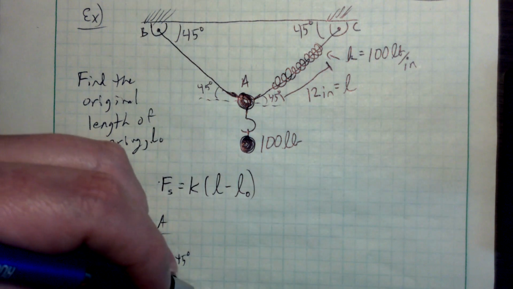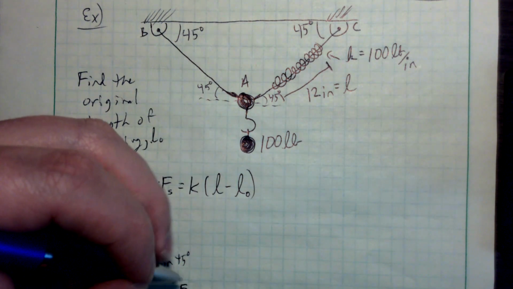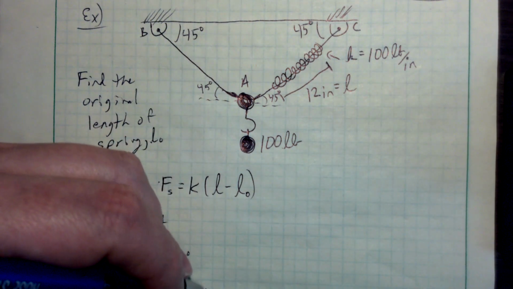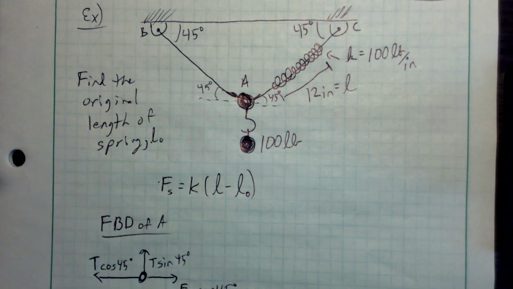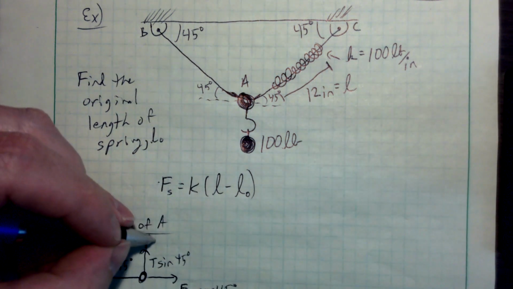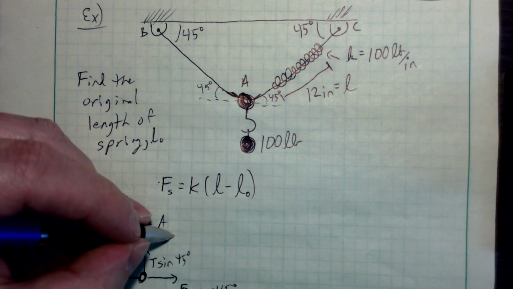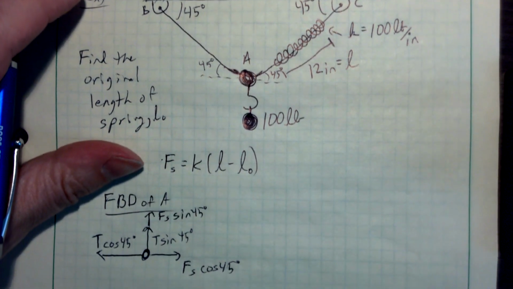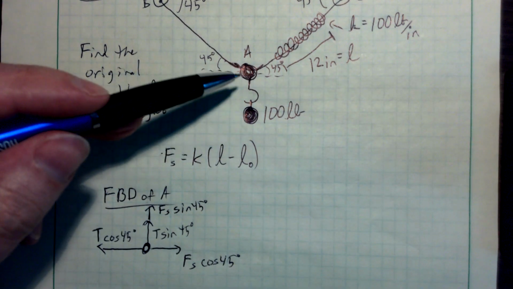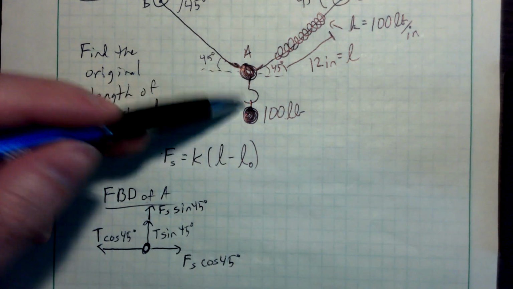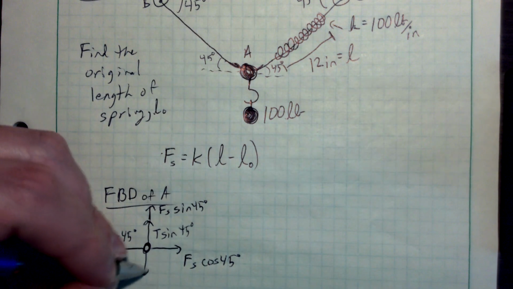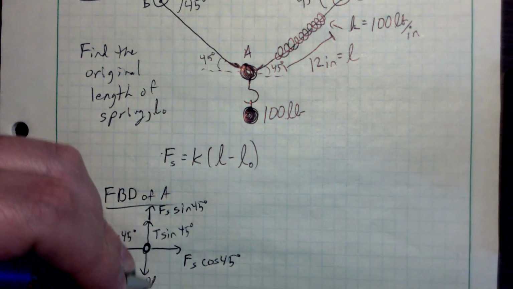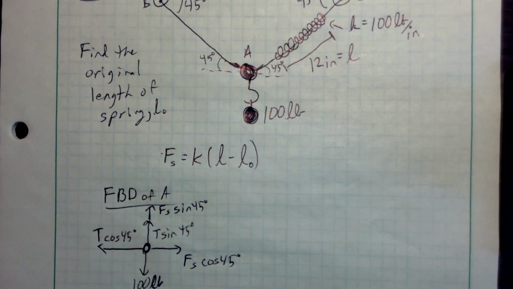So this is going to be Fs cosine 45 degrees. And then going up is going to be Fs sine 45 degrees. And then also applied to A, I've got one more force. I've got this 100-pound force going down.